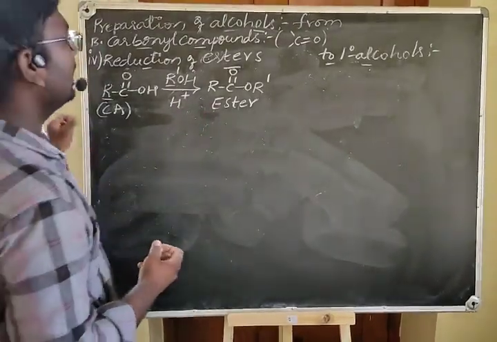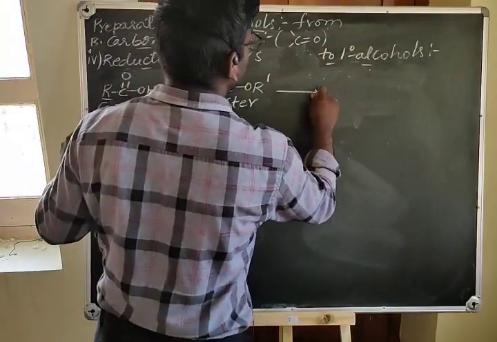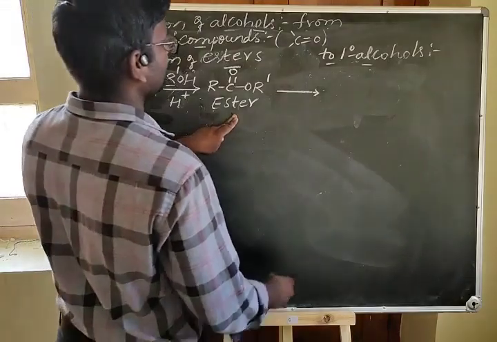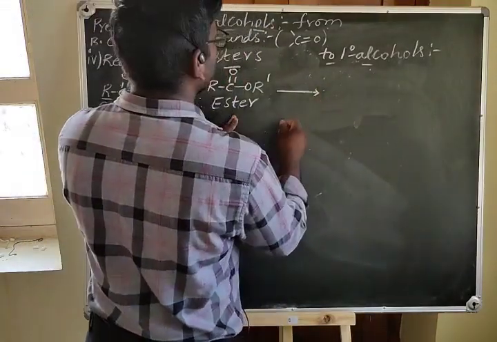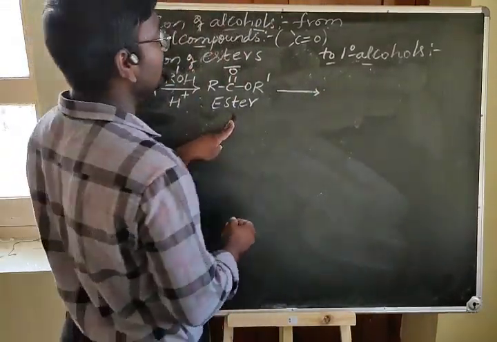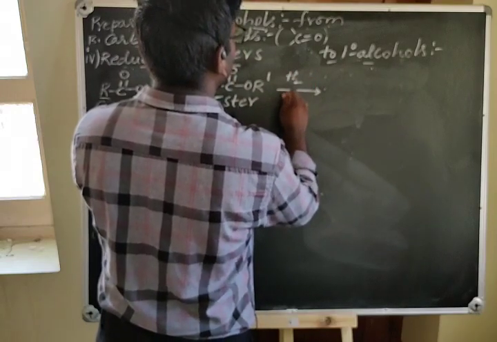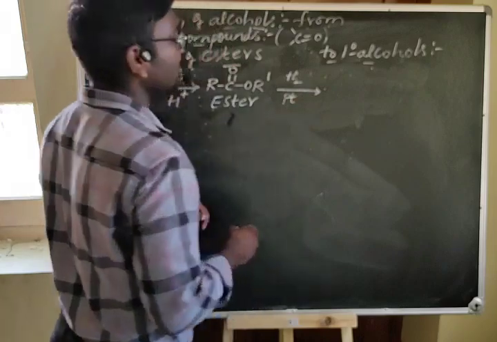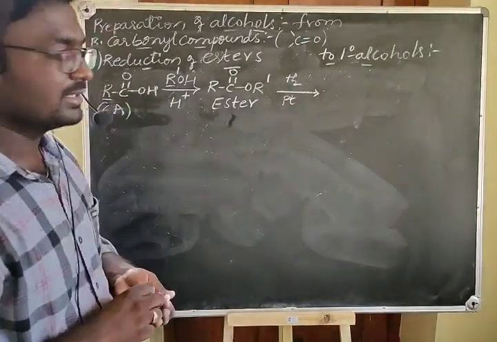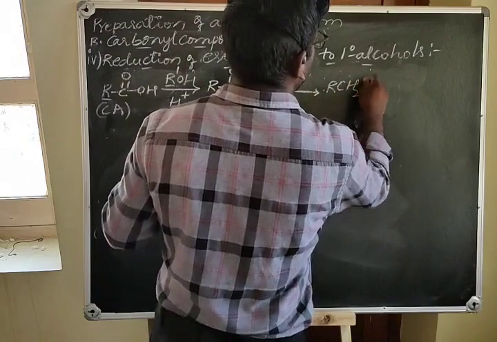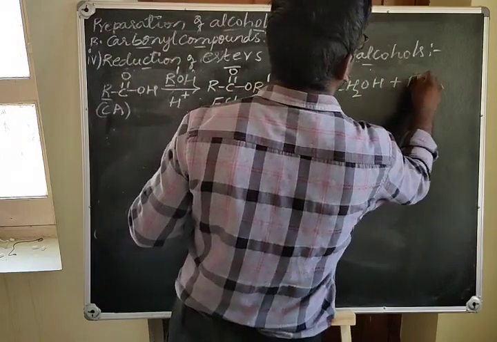Yes, and further reduction of this ester using catalytic hydrogenation, that is addition of hydrogen in the presence of platinum, nickel or palladium as catalyst, gives RCH2OH plus R-OH.